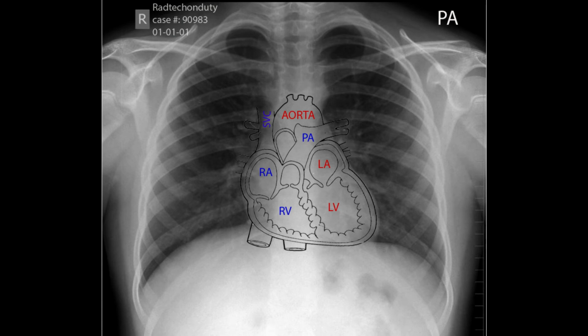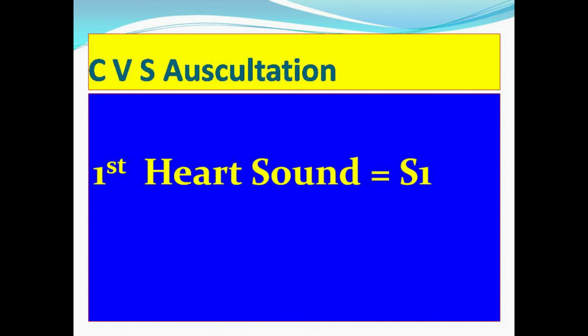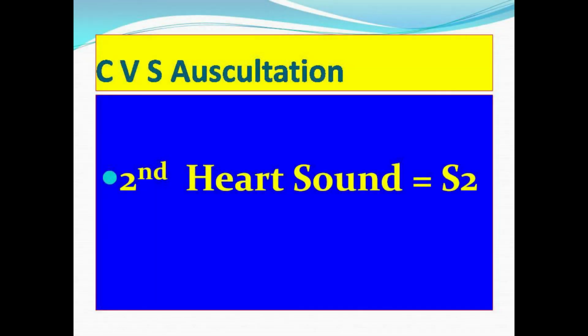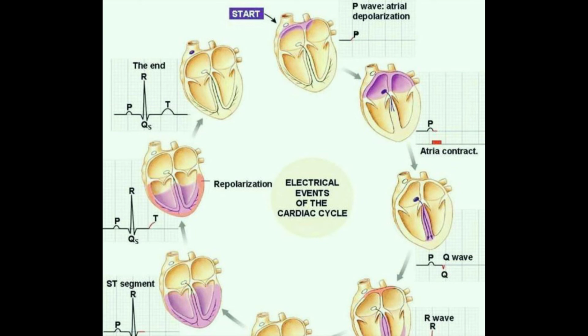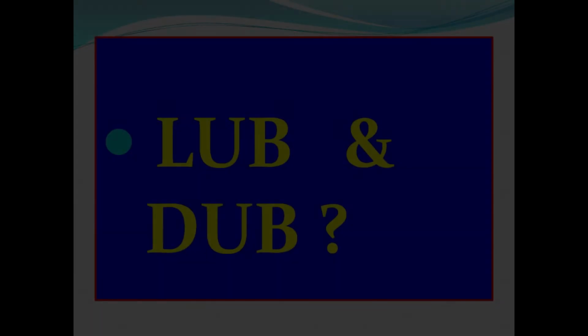S1 corresponds to carotid pulsation, that means there is no split, but S2 usually corresponds to after the carotid pulsation. So while hearing S1 there is no split, and in S2 there is a split, especially during inspiration. Similarly, S1 usually corresponds to the R wave of the ECG, and S2 corresponds to the T wave of the ECG.